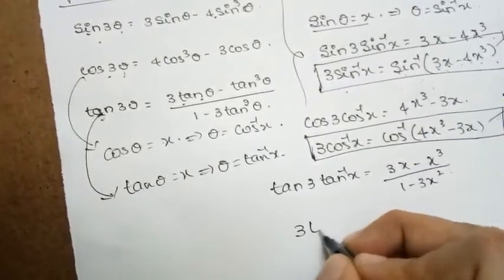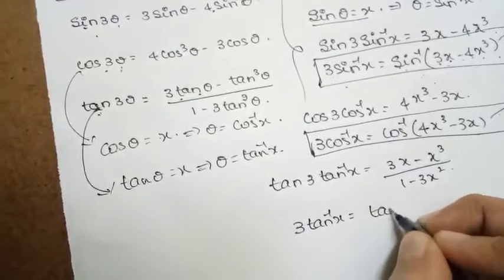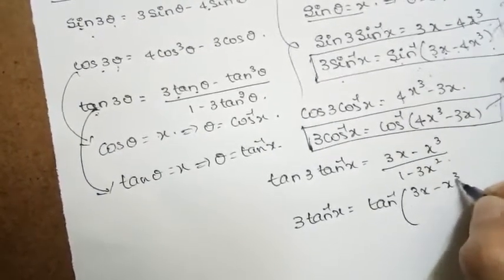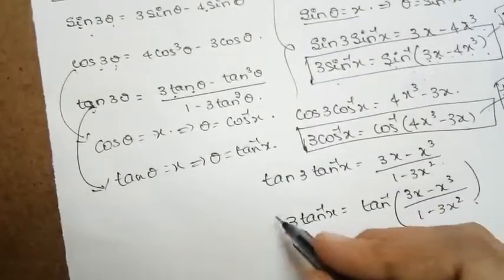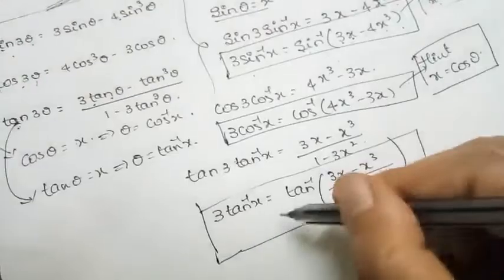So that is nothing but 3 tan inverse of x is equal to tan inverse of 3x minus x cube divided by 1 minus 3x square. So this is the identity of 3 tan inverse of x.